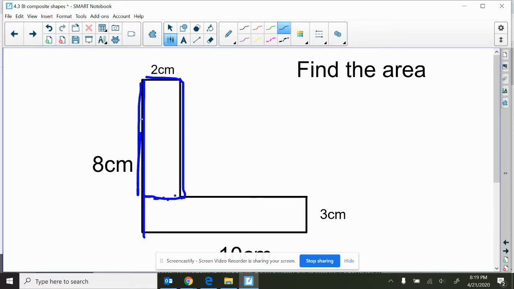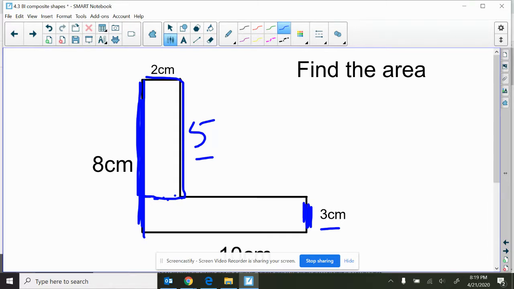This dimension right here is 8, but this part right over here is 3. So I need to take 3 away from that 8 and make this 5. So 3 plus 5 is the same as the 8 that we have on the left-hand side.